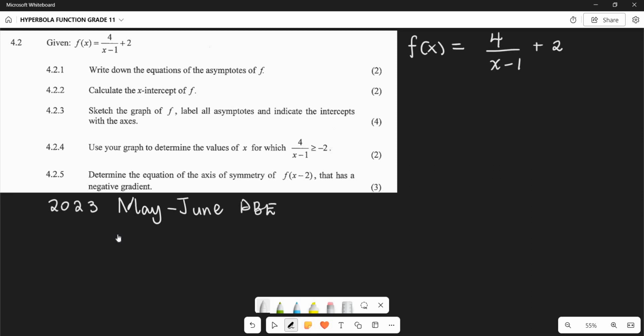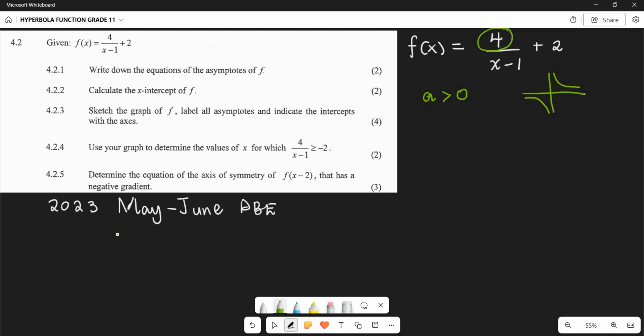So first, I want us to look at what kind of shape are we going to have. If you look at the numerator, remember we said our a value, if it's greater than 0, then our graph will appear in the first quadrant and third quadrant, like that.